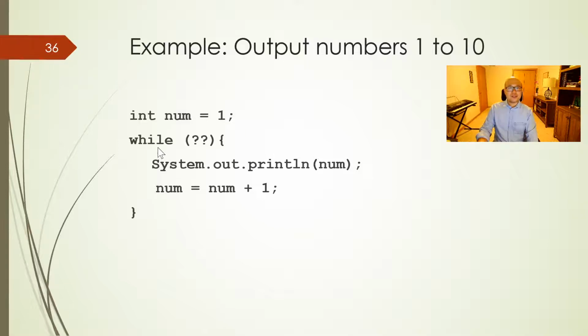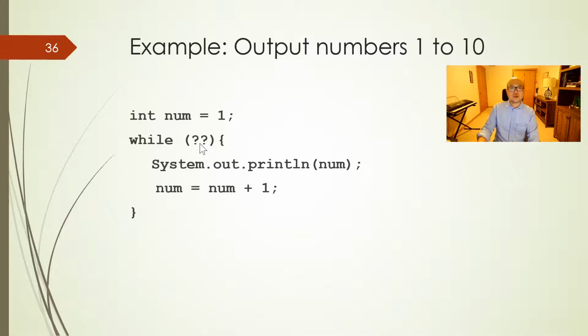Here we use a while loop. I use question marks; I'll ask you to think about how to create the logic expression here. Within the loop body, we print out the current value of num, and then we increment num by 1.